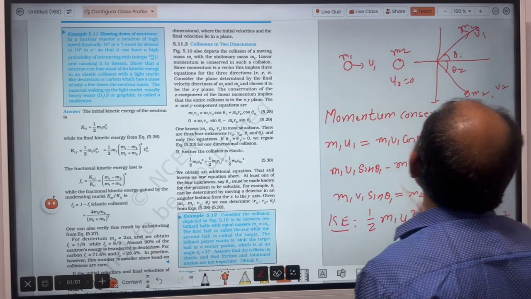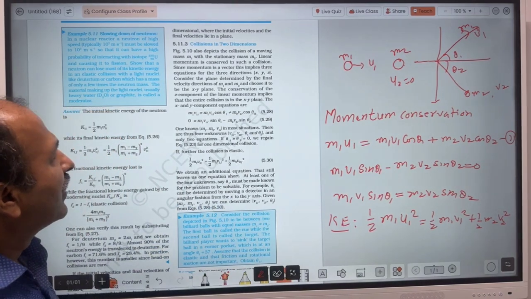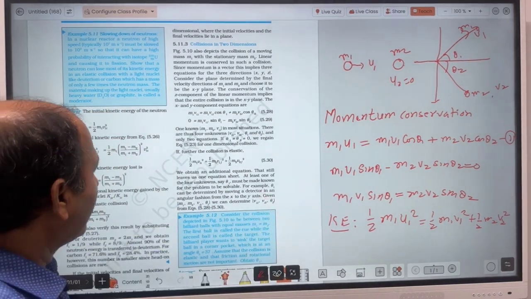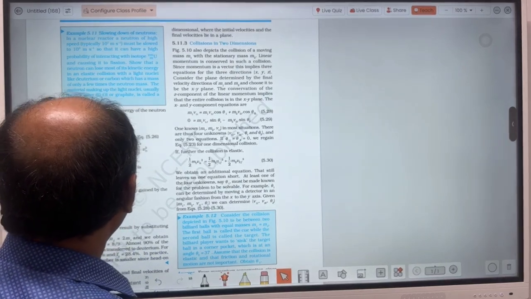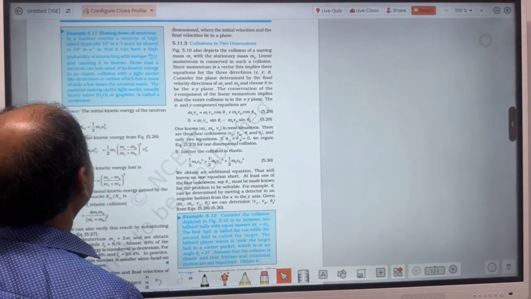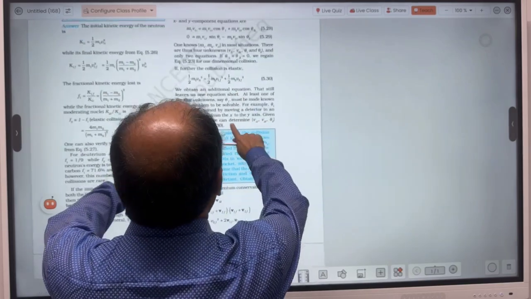With components again, cos square theta plus sine square theta will give 1, hence the answer will remain the same. So you have understood this concept also. Then the next thing comes, there is one numerical here. Let's see this.